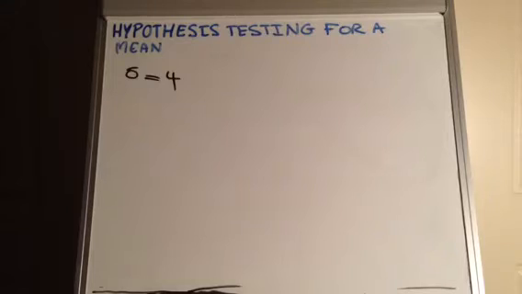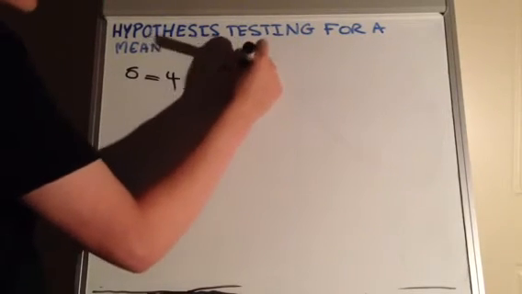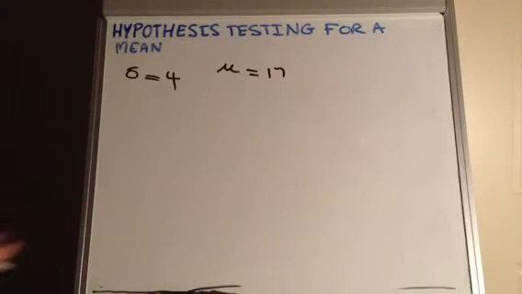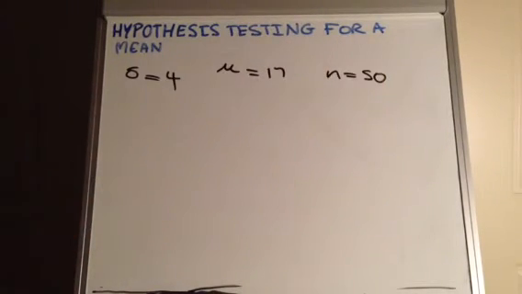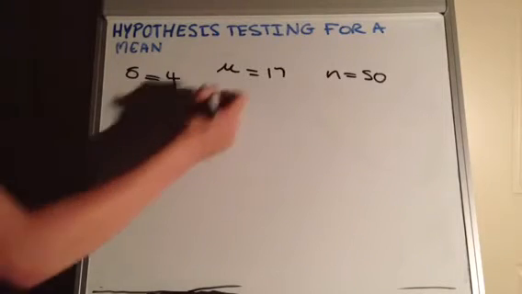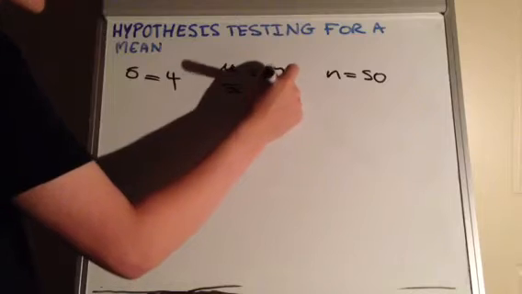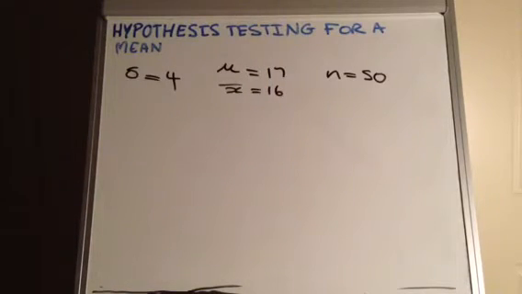It is claimed that the mean of x, which is denoted by mu because it's a population mean, equals 17. To test this claim, a random sample of size 50 was taken, and the sample mean, which is denoted by x bar, was found to be 16.